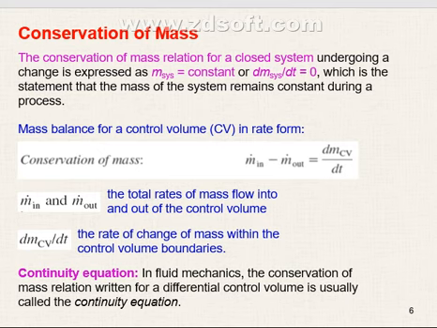So in general, when we speak about conservation of mass, it means that the mass rate in minus the mass rate out is going to equal the change of mass in the control volume over the change in time.